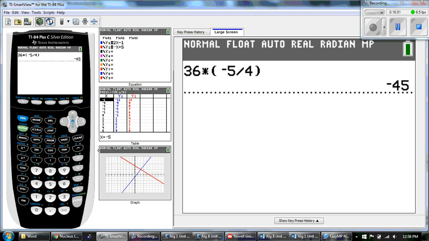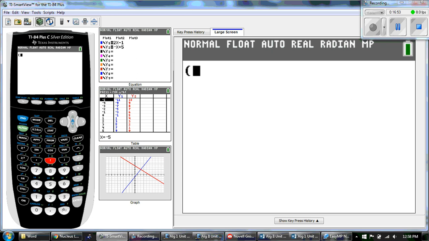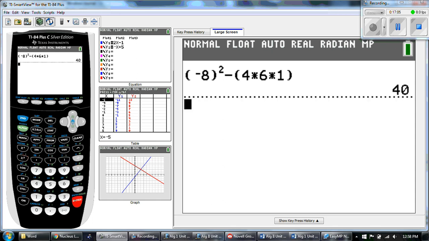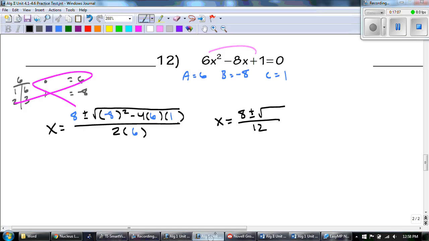So we're going to do -8 squared, -8 squared minus 4 times 6 times 1, and we get +40. And I need to break down 40.